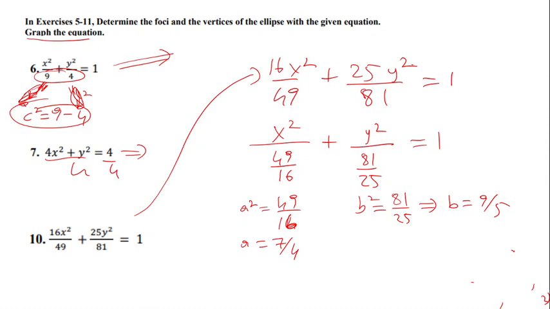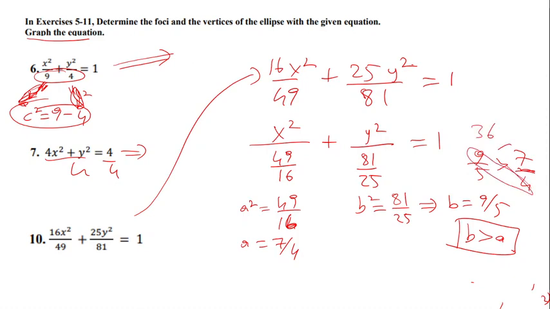Which one is bigger? This is about 1.8, and this will be about 1.75. So b is bigger than a. You can check this: is 9 over 5 bigger than 7 over 4? Because 4 times 9 is 36, and 5 times 7 is 35. So this is bigger than this one.